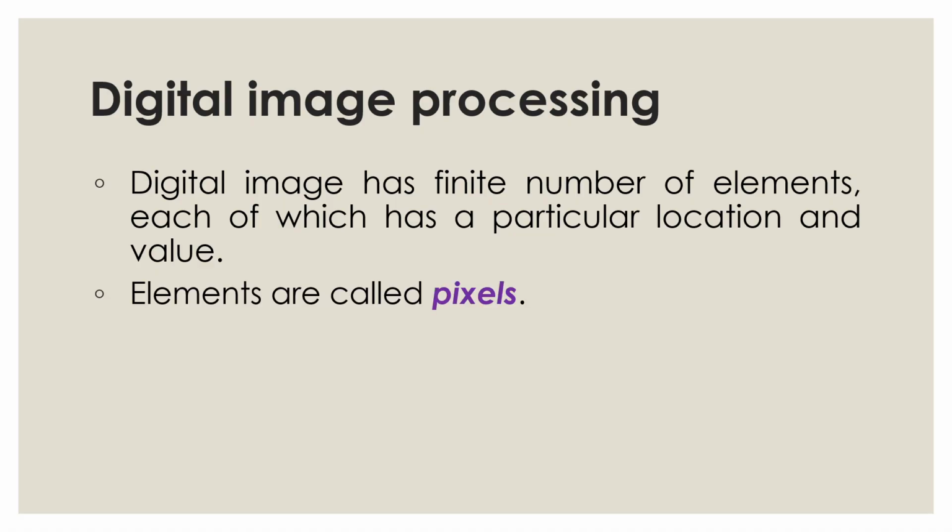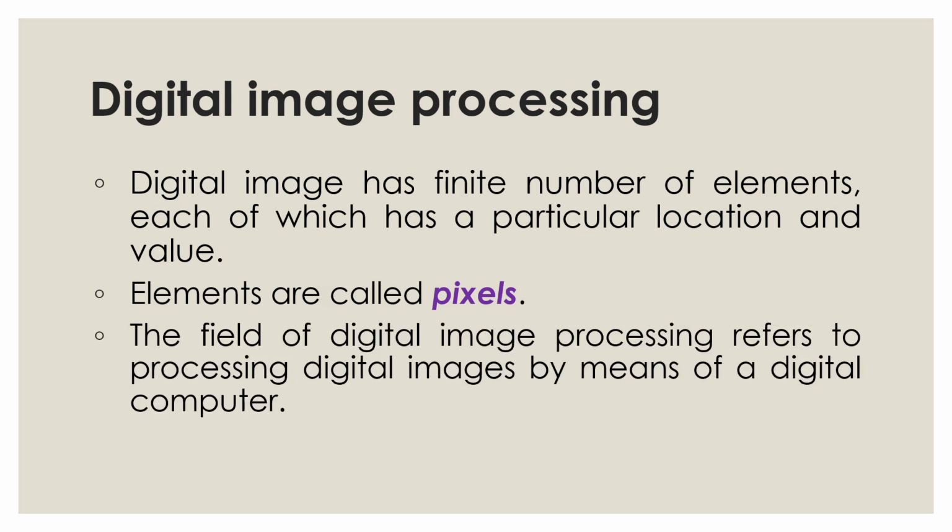These elements are finite in number and are called pixels. The field of digital image processing refers to processing the digital image by means of a digital computer. Whenever we process the digital image, that process is called digital image processing and it is done by a digital computer.